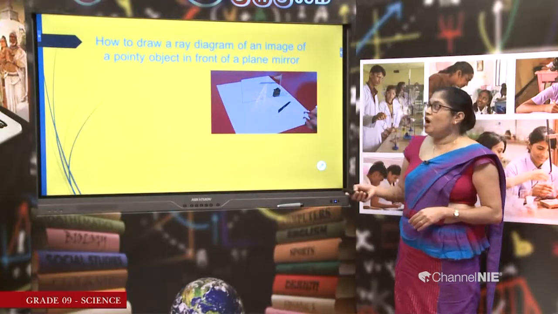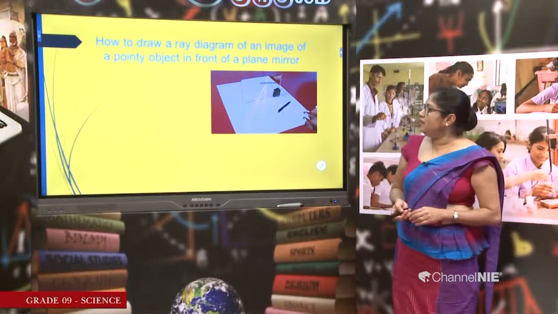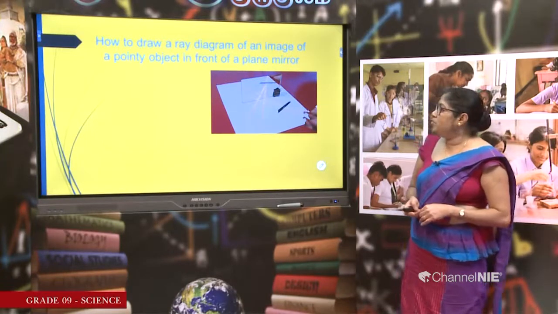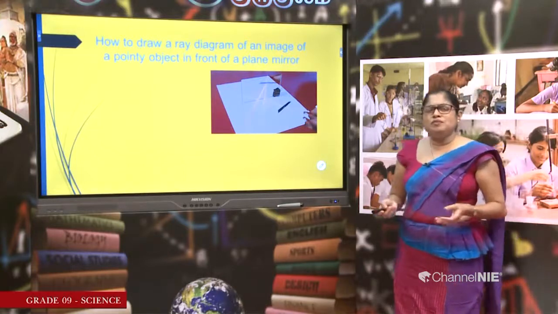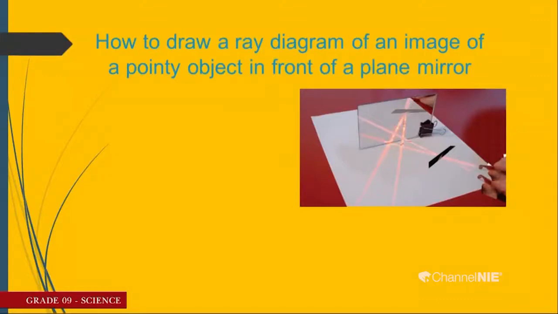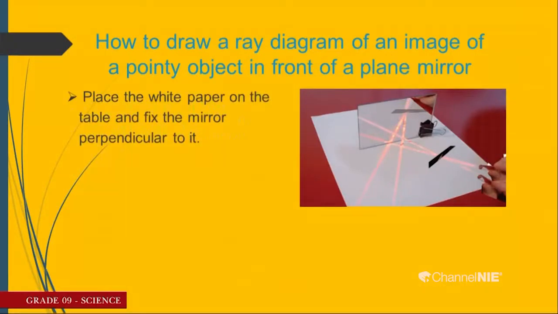Let us see how to draw a ray diagram of an image of a pointy object in front of a plane mirror. What is meant by a pointy object? Here the object is like a point. First you have to place a white paper on a table and fix the mirror perpendicular to it.